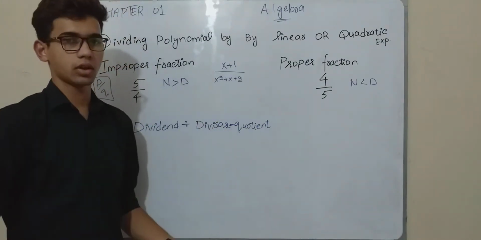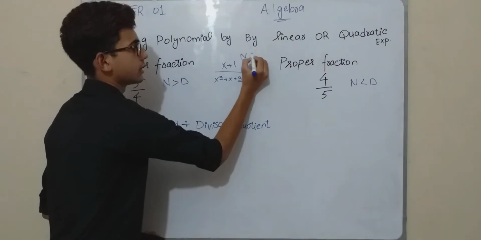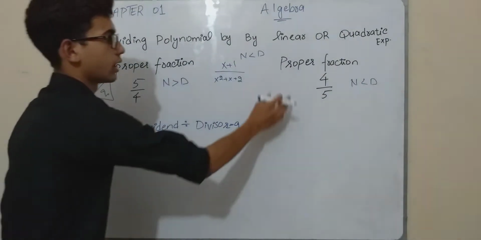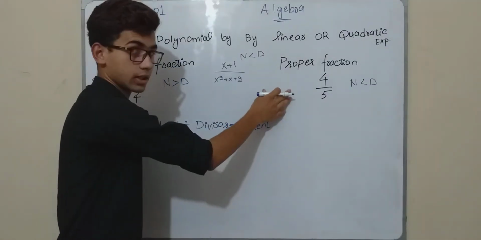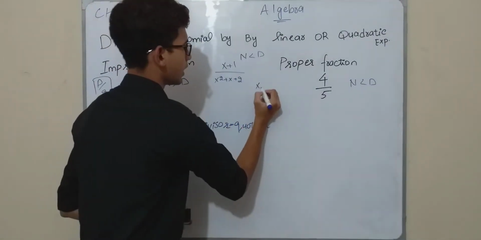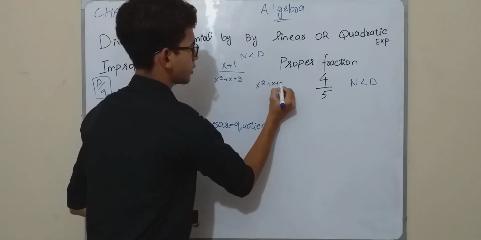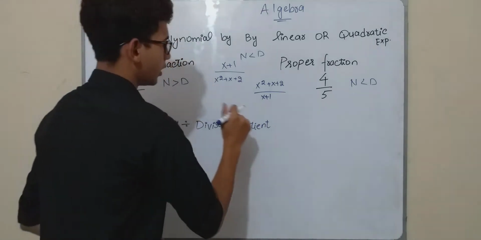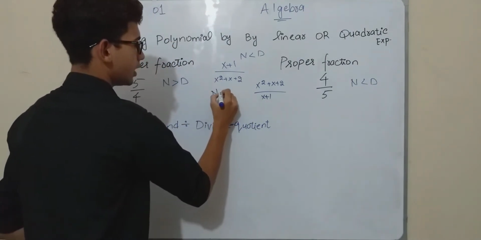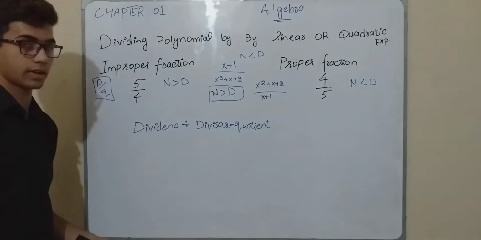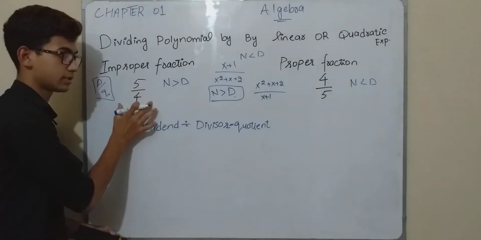In short, the numerator is smaller than the denominator, hence it's a proper fraction. But if you reverse it, x squared plus x plus 2 divided by x plus 1, now look at this, the numerator is greater than the denominator. Hence, it is an improper fraction.